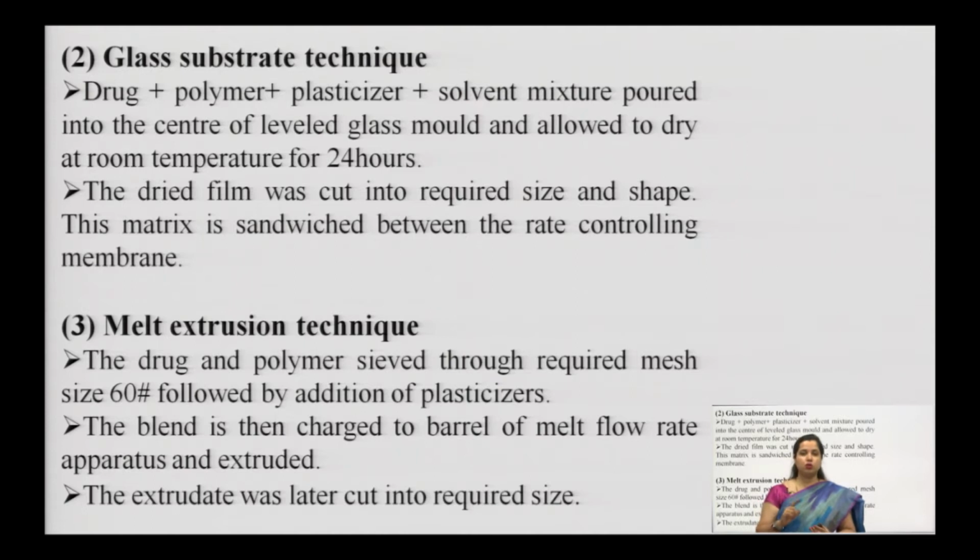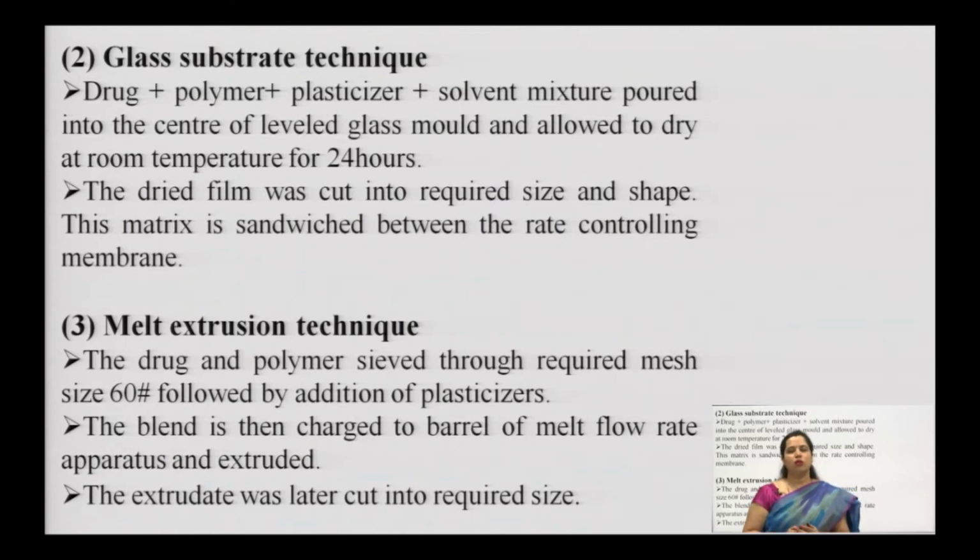I have told you that pilocarpine Ocuserts are available in the market, and I showed you that pilocarpine Ocusert in the previous session, in which a rate control membrane is present on both sides. So, basically this membrane on the drug reservoir is sandwiched to control the rate of drug release.